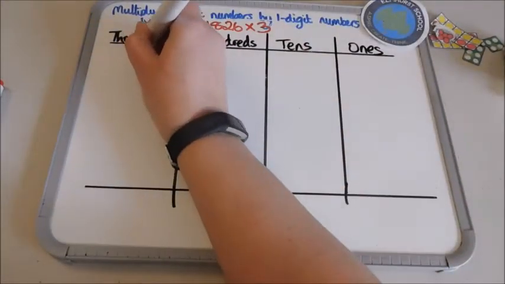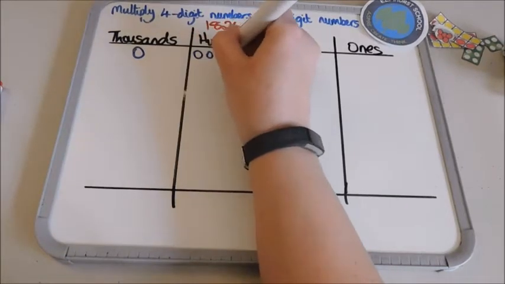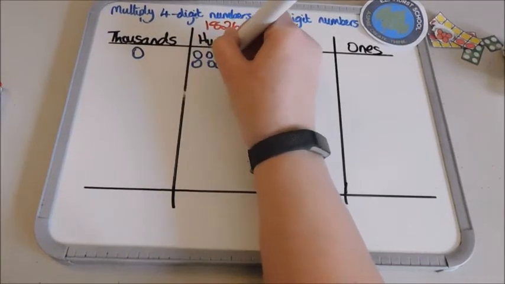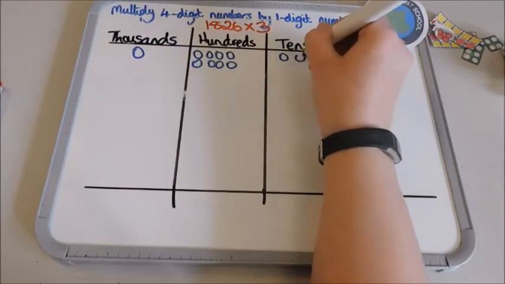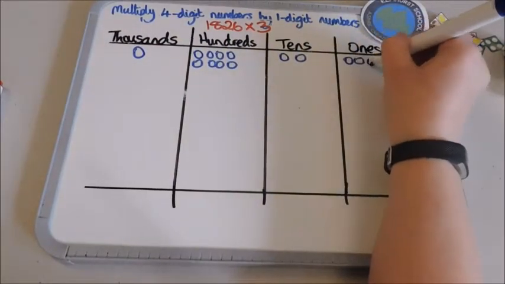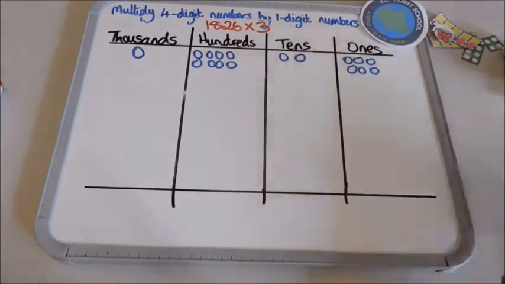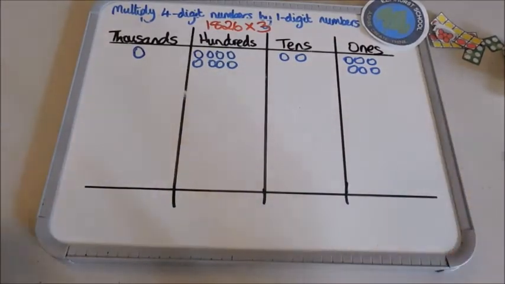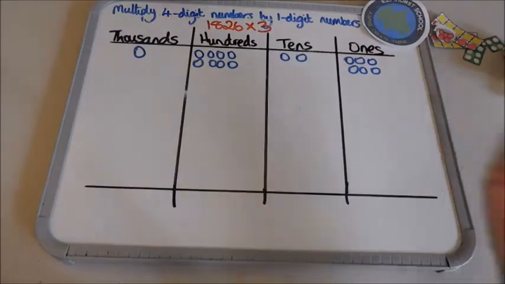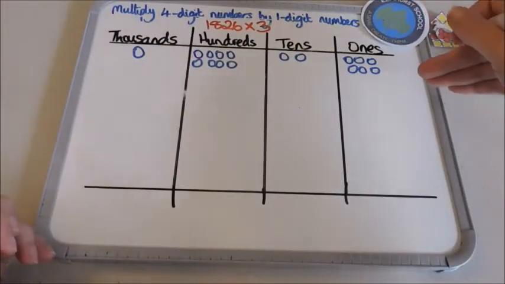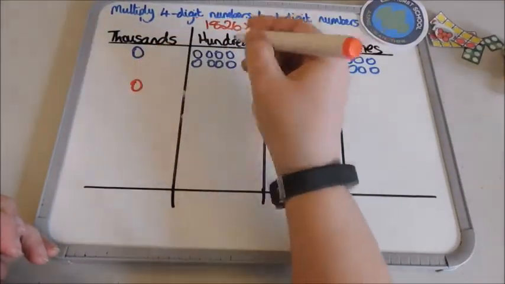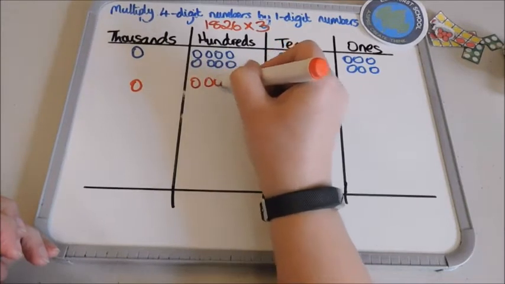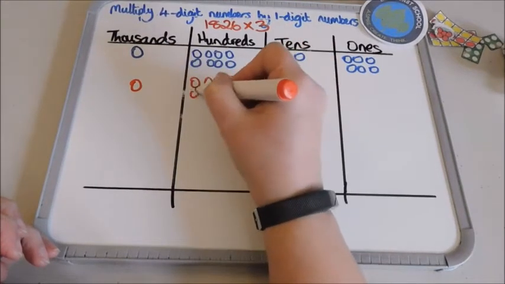So, 1,826. Okay, so that's once. Now if you've got different colour pens, you could use different colours so that your child can clearly see that that's one lot of 1,826. Okay, it's totally up to you how you make this work for you.